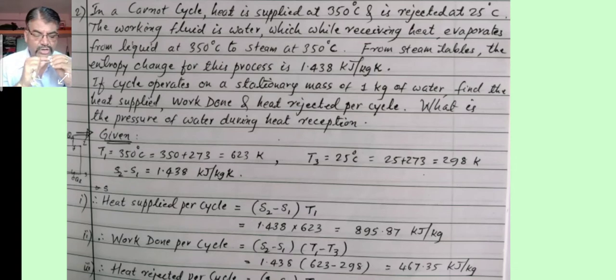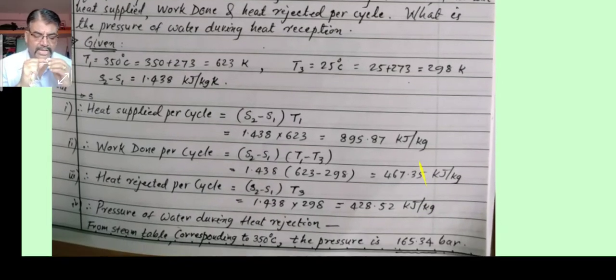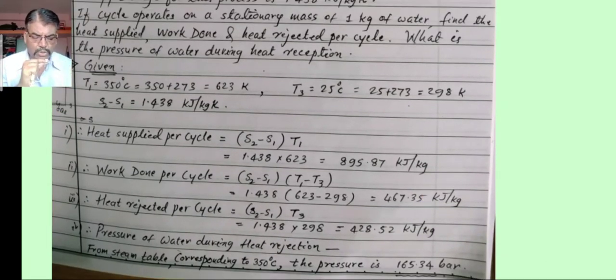What is the pressure of water during heat reception? Now if I represent it on TS diagram, T1 is 350 plus 273, that is 623 K. T3 is 25 plus 273, it means 298 K. Now what is given is S2 minus S1 is equal to 1.438, the entropy change for this process.